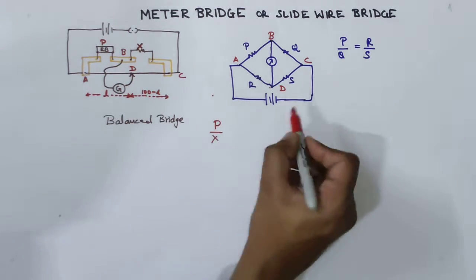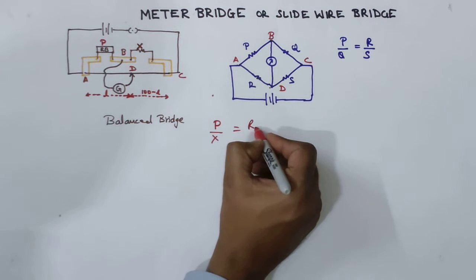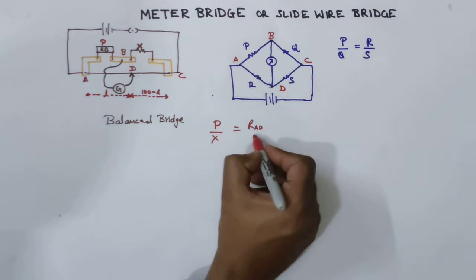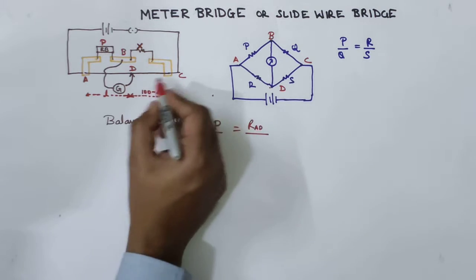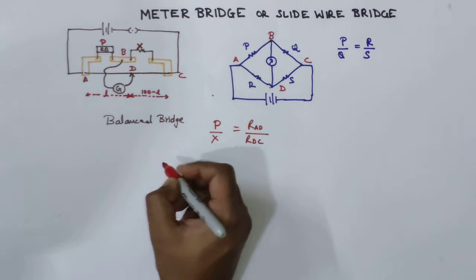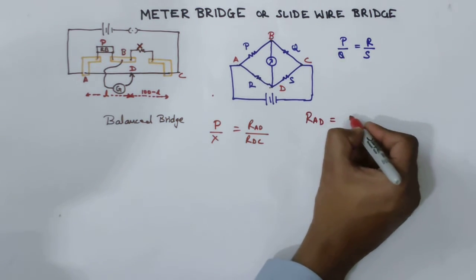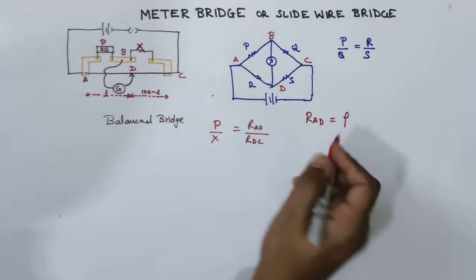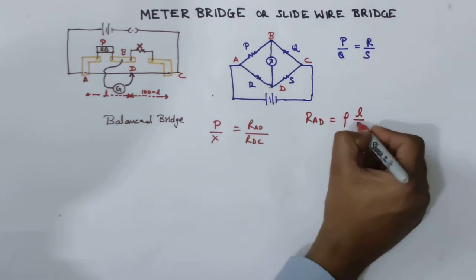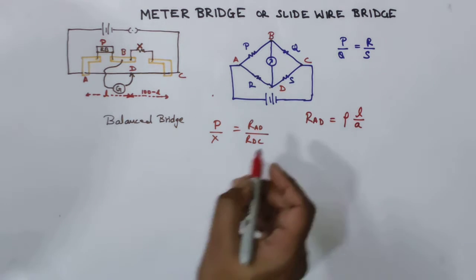Instead of R, we have the resistance of the wire AD, and instead of S, we have the resistance of the wire DC. Now, resistance of the wire AD can be written as resistivity of the material of the wire, length upon area. Area, small a, is the cross-section area of the wire.